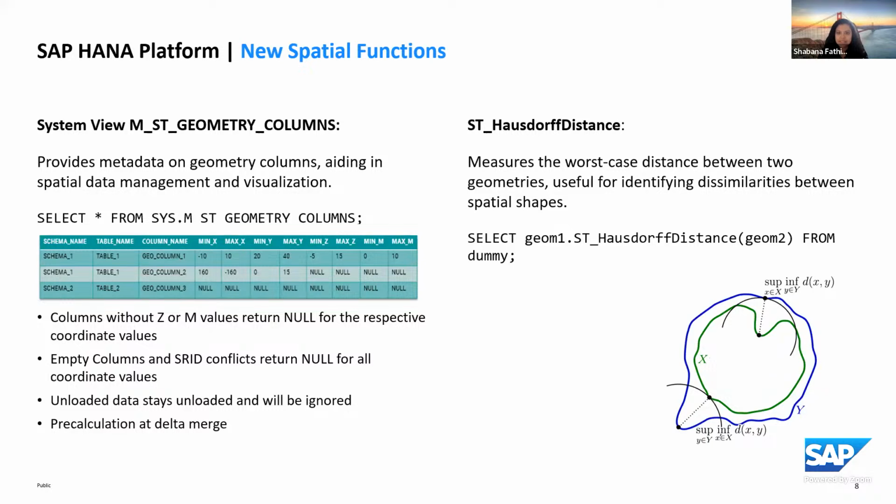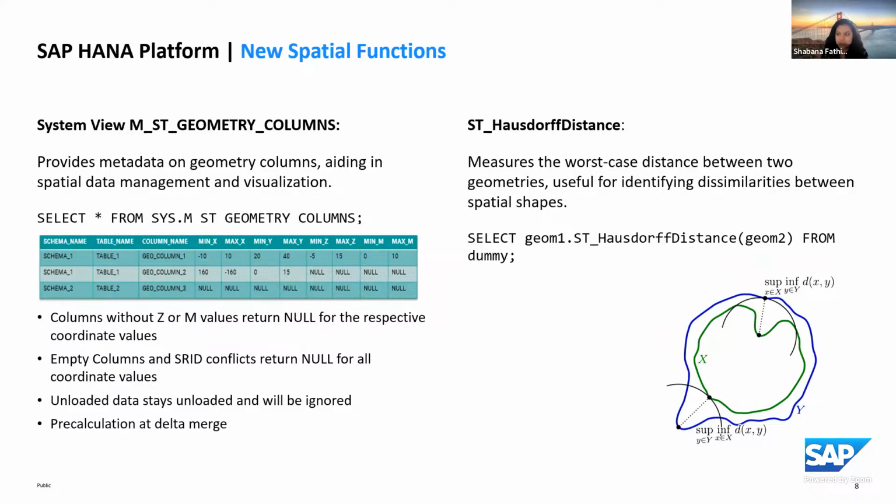The last couple of things I wanted to cover: we have a new system view called MST geometry columns, which provides metadata on your geometry columns, which is very helpful for managing and visualizing your spatial data across different tables and schemas.